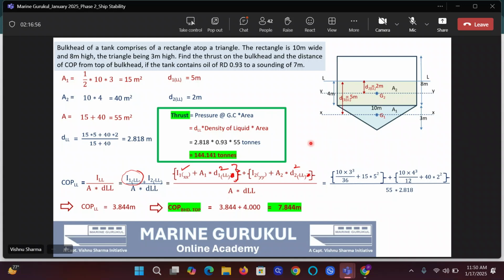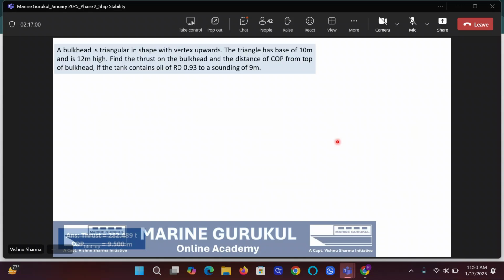Now we go to the next question. Guys, can you make this diagram first, please? Read the question and make the diagram. Read the question carefully.